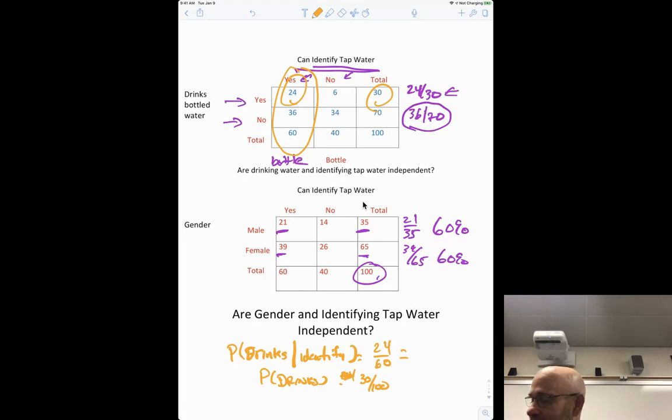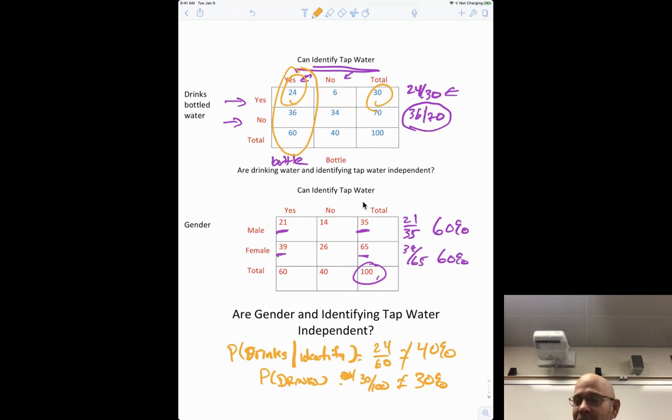So the 24 out of 60, I know I can probably do this in my head, is 40%. This is 30%. Not equal, therefore not independent. Okay, that's the idea of showing. So if someone asks you to show independence, if they happen to be equal, flip them around and see if they're also equal. They both have to work.